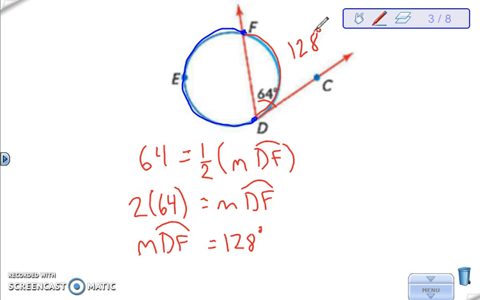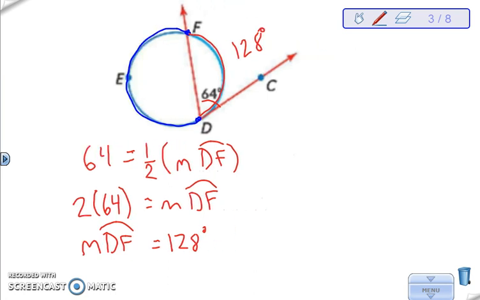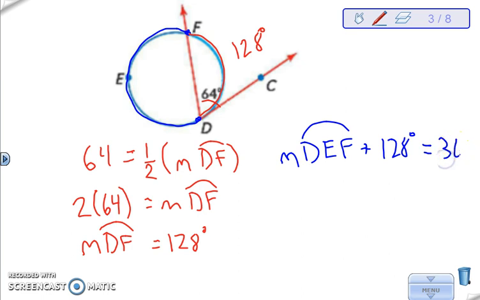I notice that if I combine the arc from DF with the arc DEF, it forms a complete circle. So that means that those two arcs should add up to 360 degrees. So the measure of DEF plus the 128 degrees that I just got should equal 360.